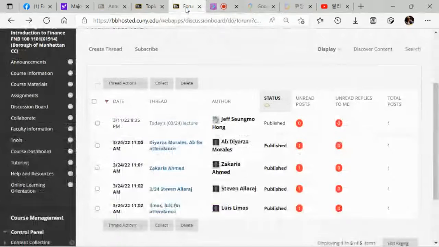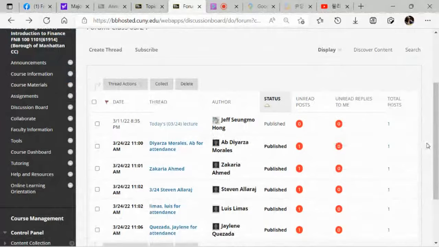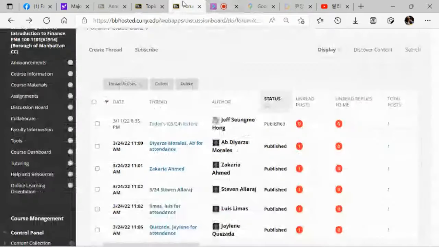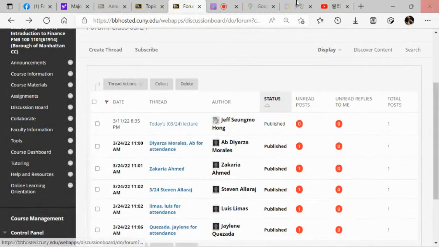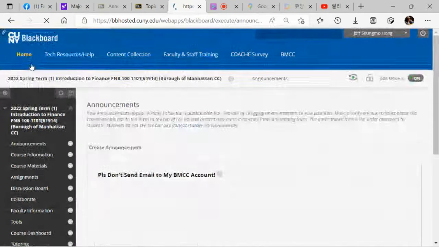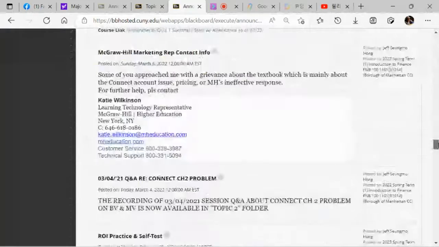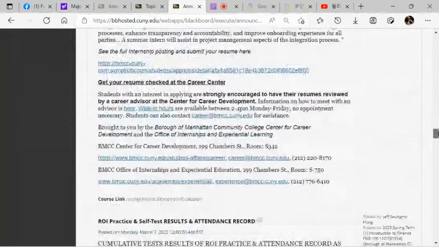A couple of things I would like to mention. If you haven't signed into the forum, please do it ASAP. Everyone knows that the midterm announcement has been posted, right?